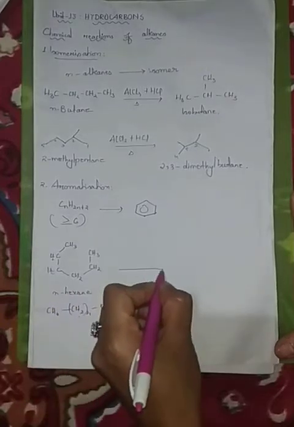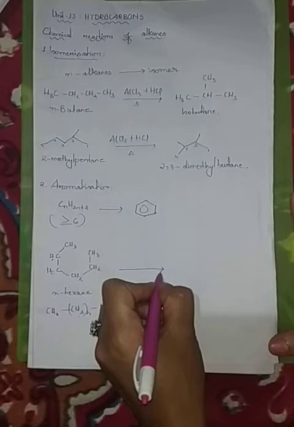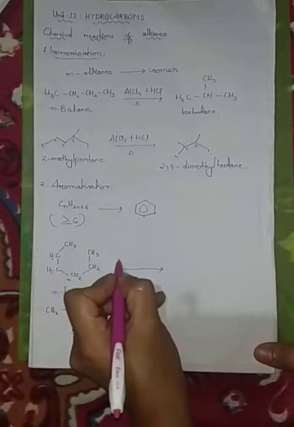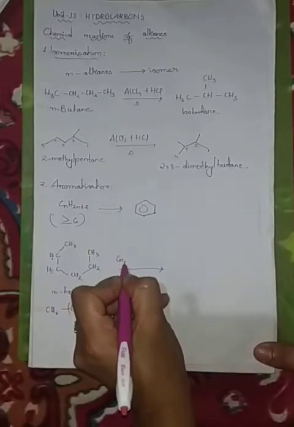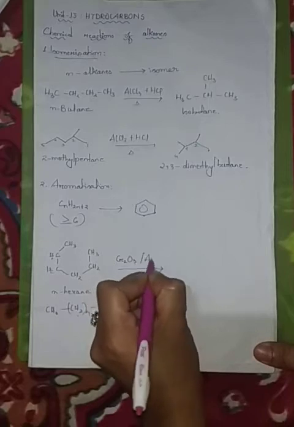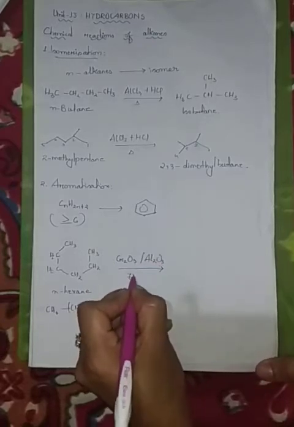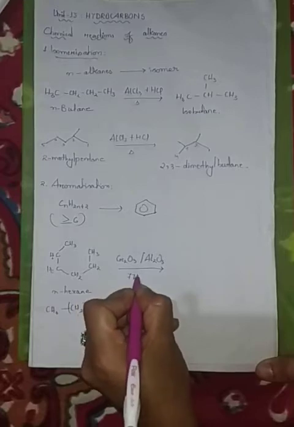Now, this reacts in the presence of a catalyst at high temperature. The catalyst that we use is chromium oxide or aluminum oxide, Al2O3, at high temperature, 773 Kelvin.